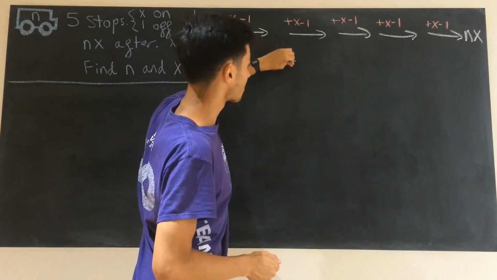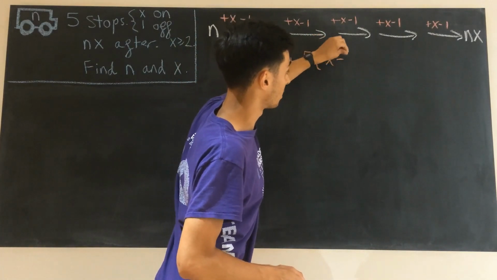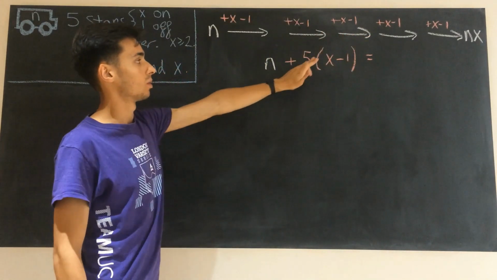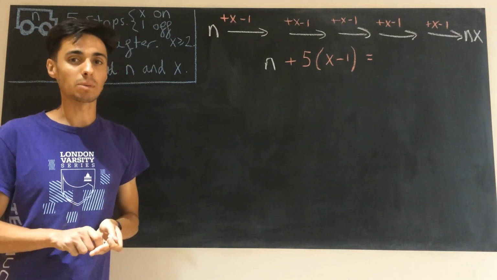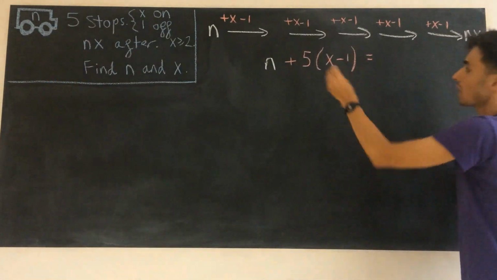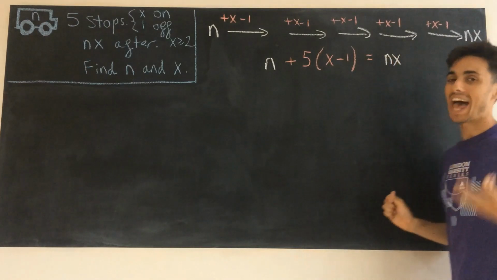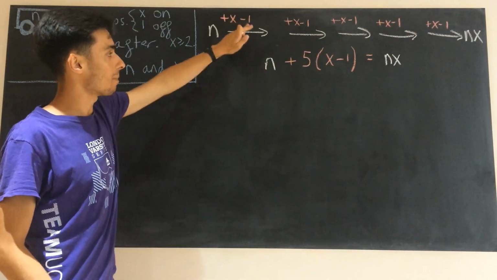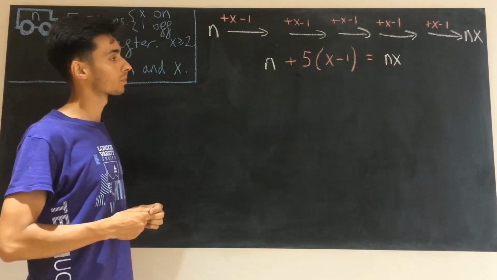So we need to add 5 lots of x minus 1. Well, what we end up with is nx people on our bus. So over here, we're saying this is all equal to nx. This is nice because we've turned our picture into an equation which hopefully we can work with.